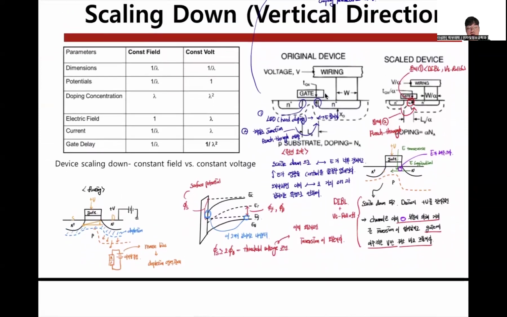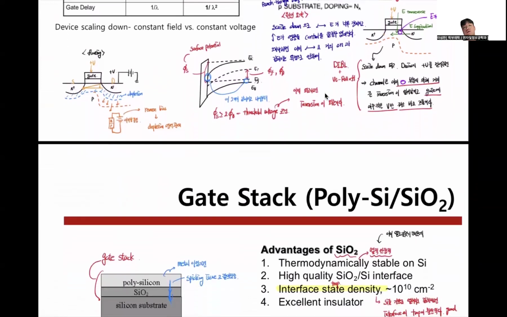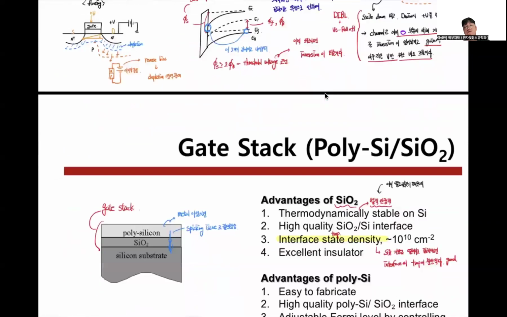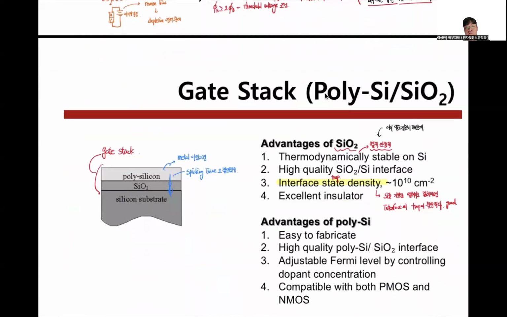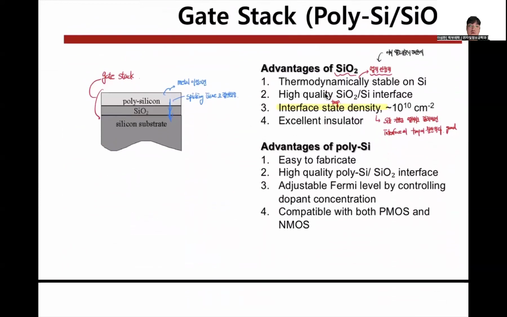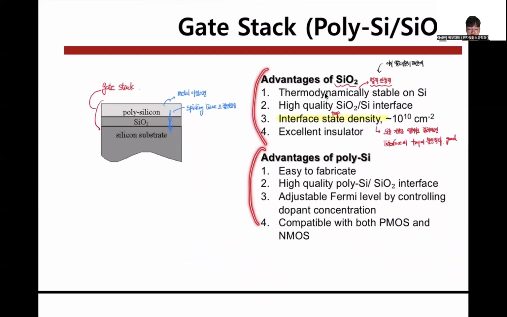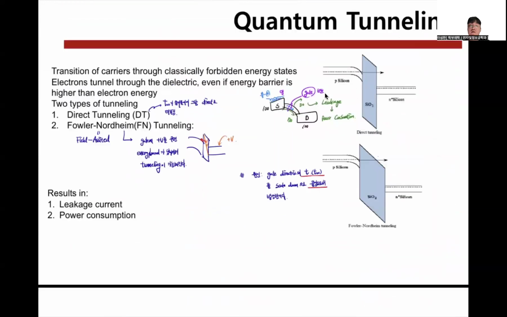But when we scale down, the gate should only function as a controller, yet electrons go through the gate, which means leakage current. We use the gate stack of SiO2 and polysilicon because of its advantages, but when we scale down, there are several problems.